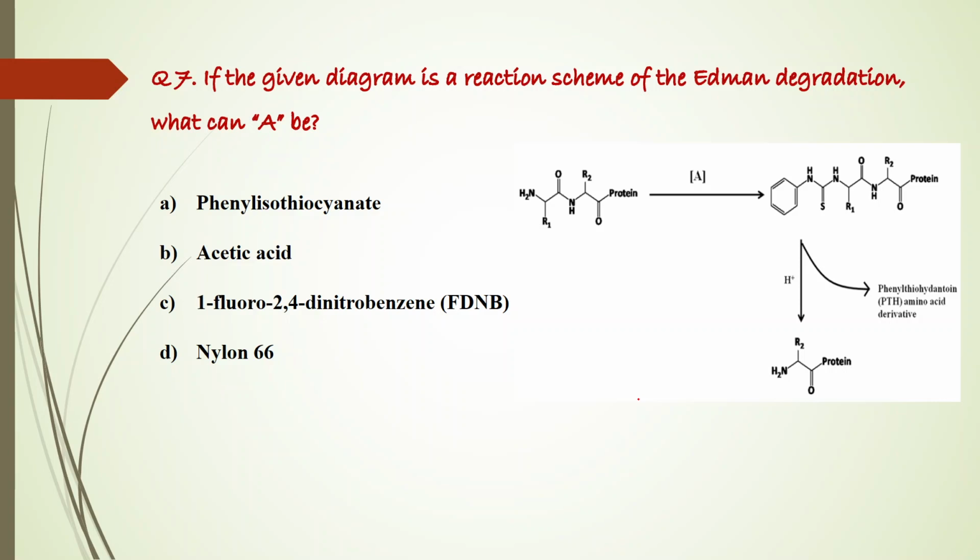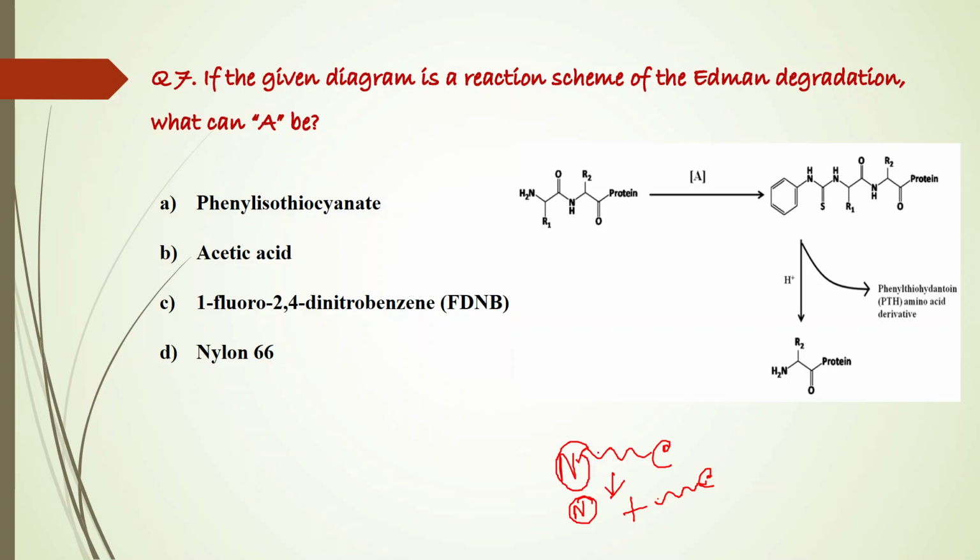We all know in case of any peptide we have our N terminal and our C terminal. In case of Edman degradation, it is useful because it will tell us what amino acid is sitting at the N terminal. This N terminal amino acid will come out and then generate another shorter peptide version.